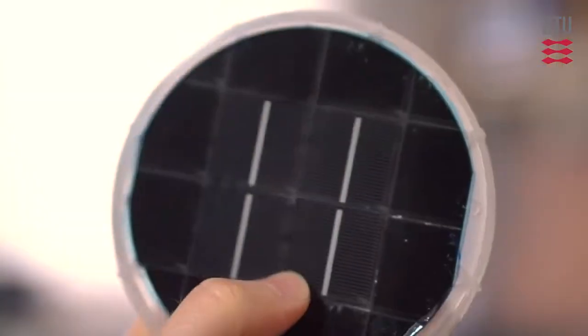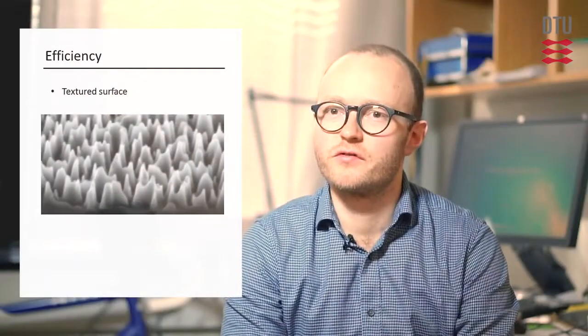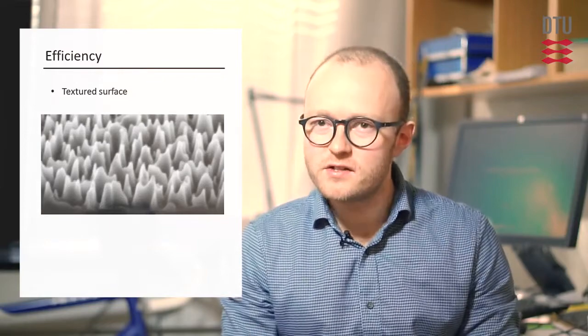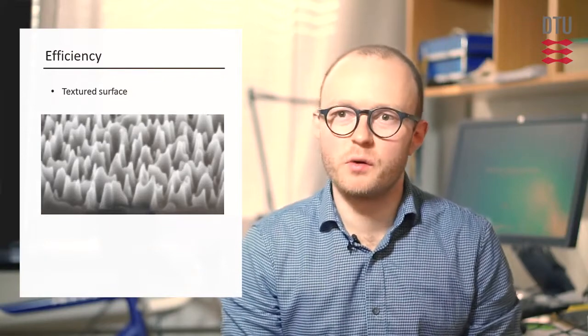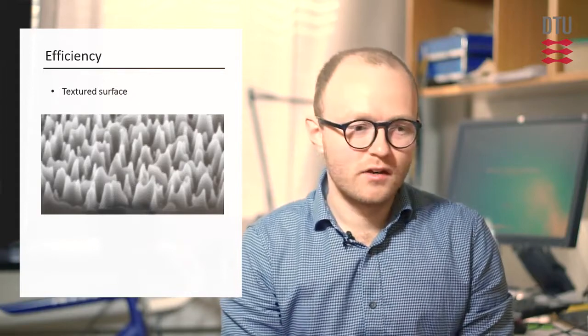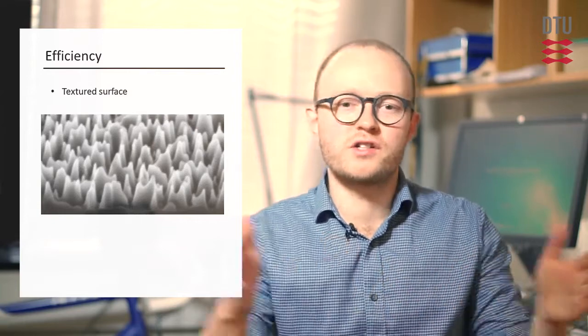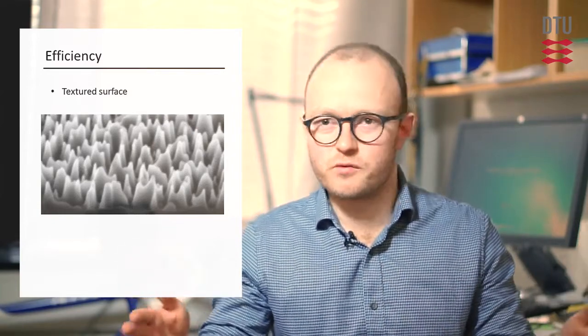As an example, if you want a completely non-reflecting surface, you can texture the top surface of silicon in various ways. And I've worked a lot with nanostructures where we can actually texture the cell to be completely black. That means the reflection is essentially zero across the whole solar spectrum.